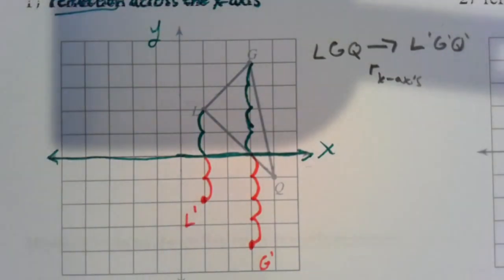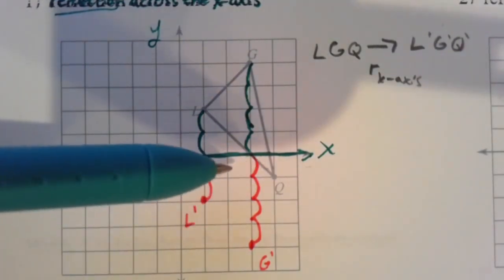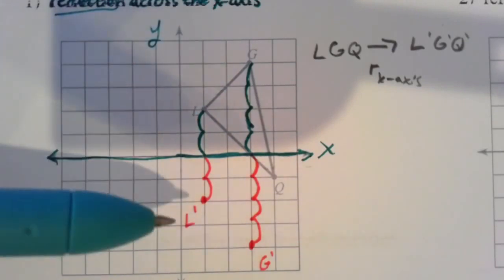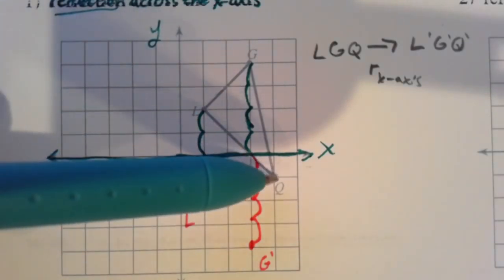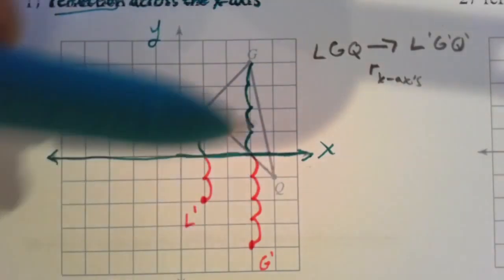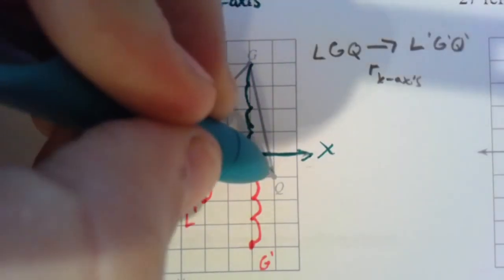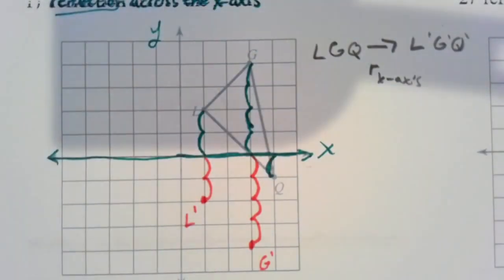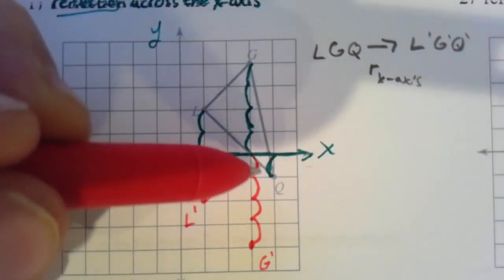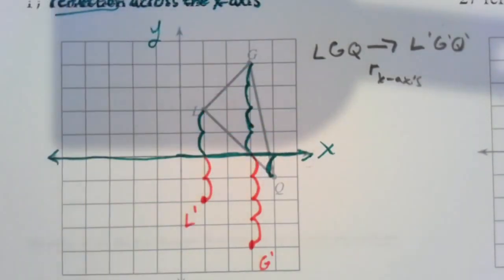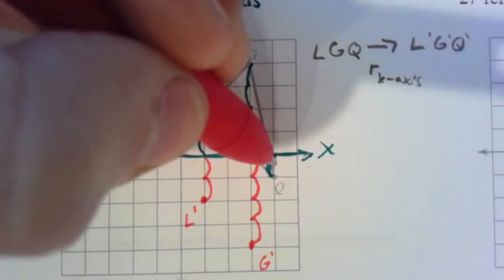And for Q, it's okay if Q is underneath my line of reflection, the other ones are above. I still do the same thing. So from Q, this time I'm going to go up to my line of reflection, and I'm just going to go up 1 to my line of reflection. As far as it takes me to go to my line of reflection, that's how far I go past it. So I went 1 to get to it.